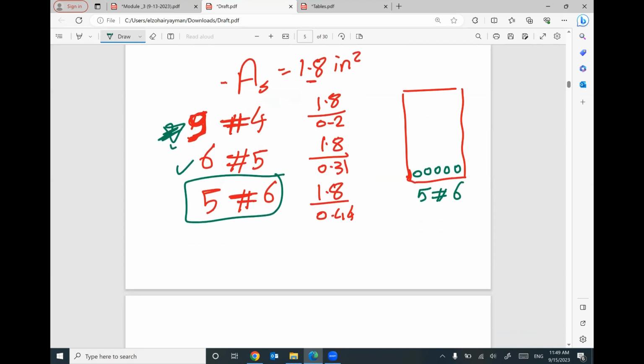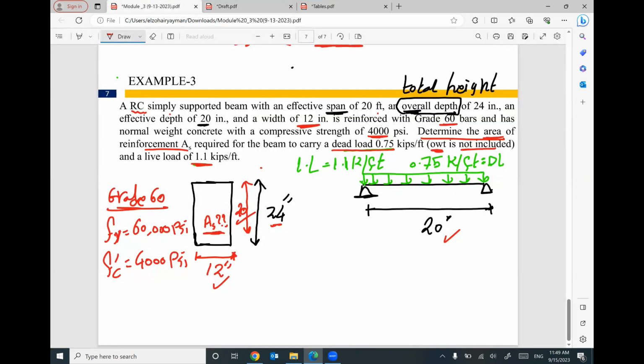So the final conclusion for this beam, at the bottom of this cross section, I will provide 5 rebars, number 6. This number of rebars will be enough to support the applied dead and live load and the own weight of the beam as well.